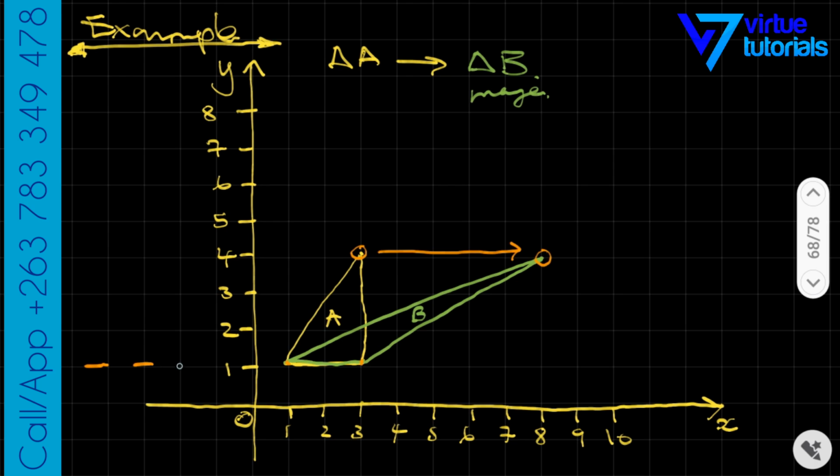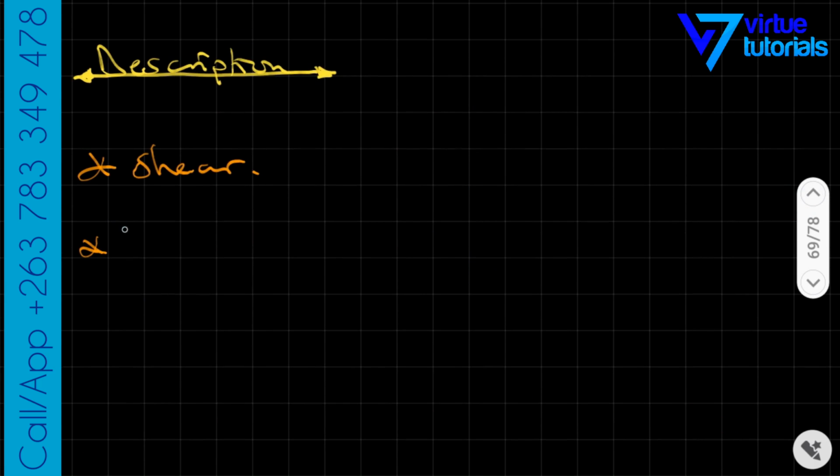If we map this out right through, we'll find that this is the level of the line y is equal to 1. Every point that was in contact with the line y is equal to 1 did not move. Nothing happened to it. So this line y is equal to 1 is what we call the invariant line. So the invariant line is y is equal to 1.